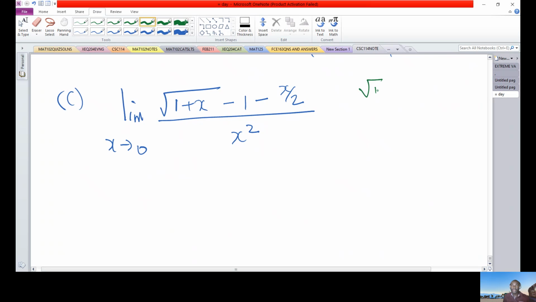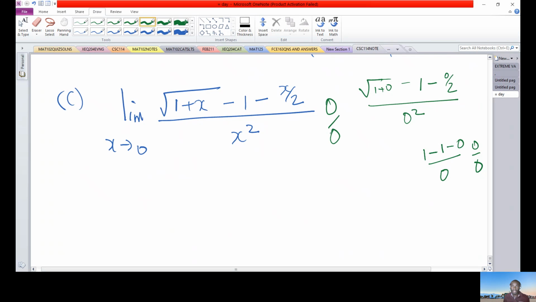So we have square root of 1 plus 0, minus 1, minus 0 over 2, divided by 0 squared. This is square root of 1, so 1 minus 1 minus 0, over 0, which is 0 over 0. So indeed it satisfies one of the correct indeterminate forms, 0 over 0. The next step is to differentiate the functions independently of each other. We are not applying the quotient rule.